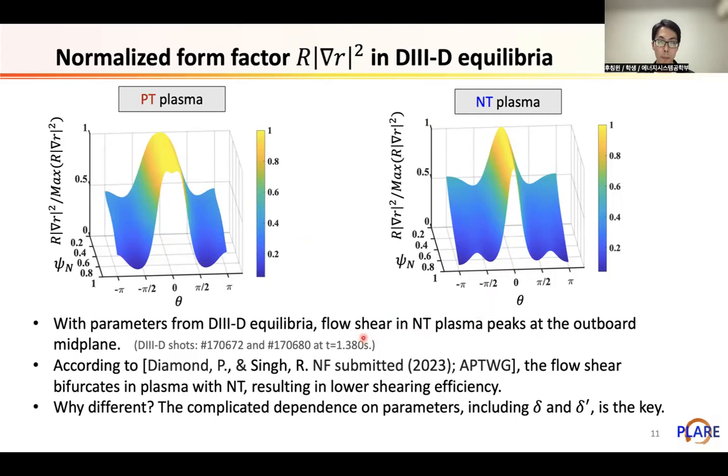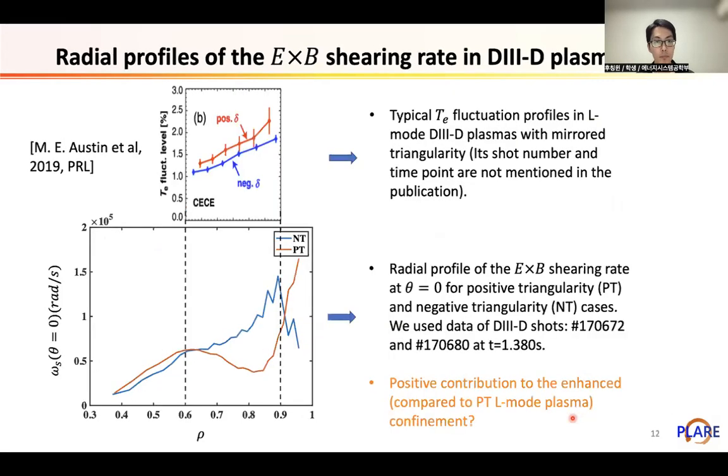We found that we got different results from others, and after carefully distinguishing the effect of shaping factors, we found that in our calculation, the effect of delta prime dominates the poloidal variation of the form factor. That's the reason.